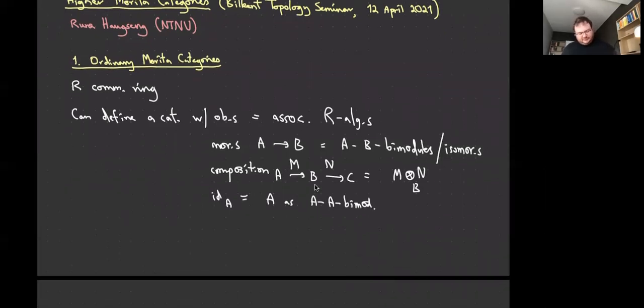And so we might call this the Morita category of R, because two algebras A and B are isomorphic in this category if and only if they are Morita equivalent.